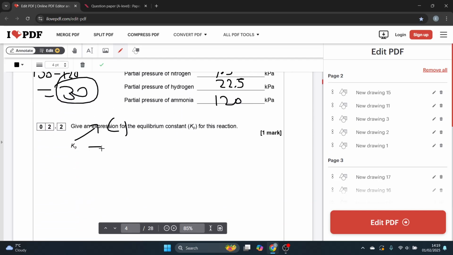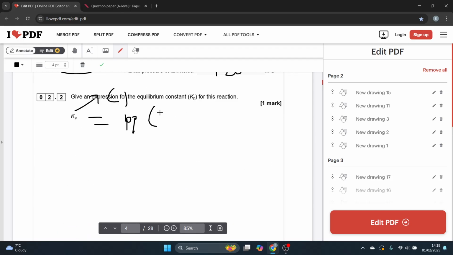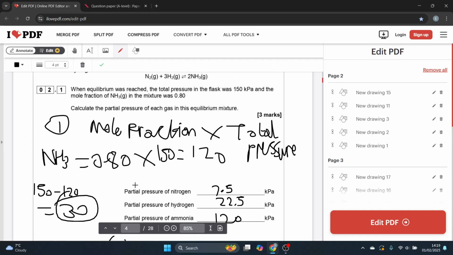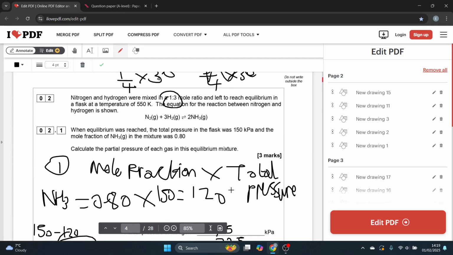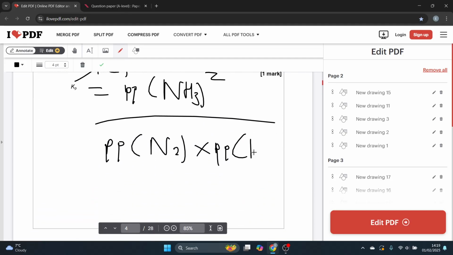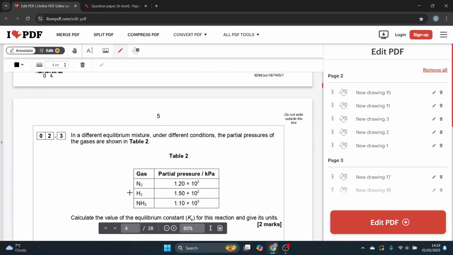That's curly brackets, so it's going to be the partial pressure of the products, NH3 squared, divided by the partial pressure of nitrogen times the partial pressure of hydrogen, 3 moles so cubed. Perfect. Curly brackets, products over reactants, and remember if you've got a mole ratio you need to include it.